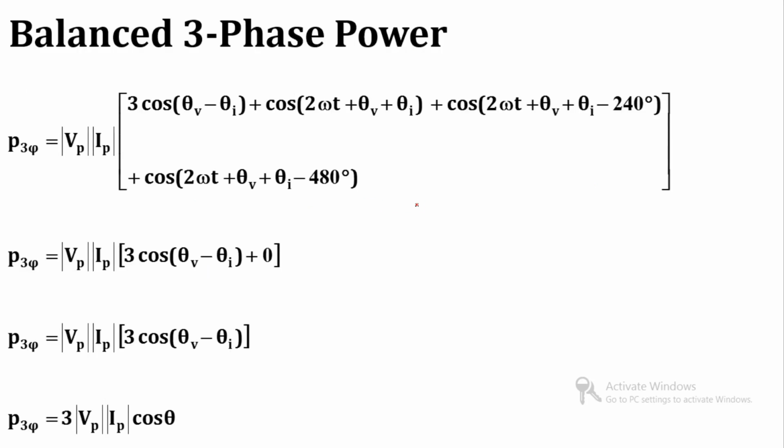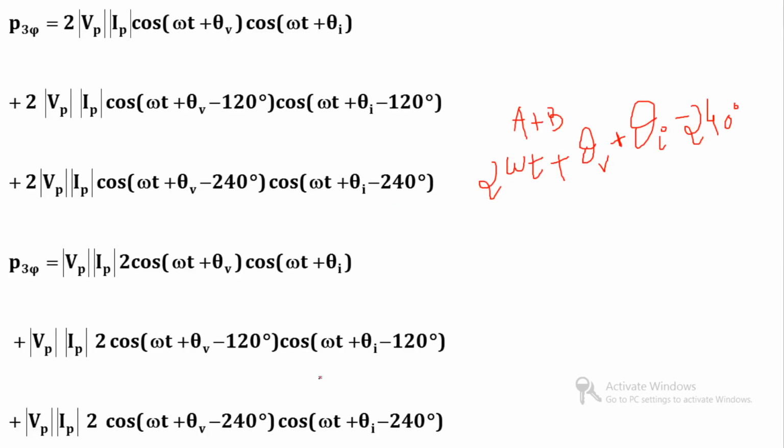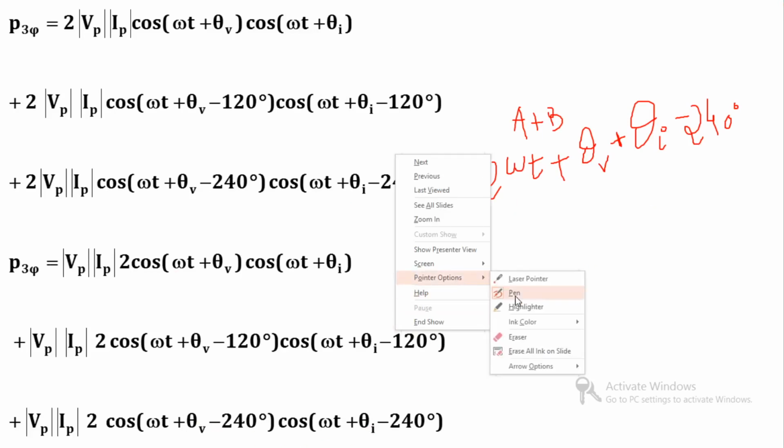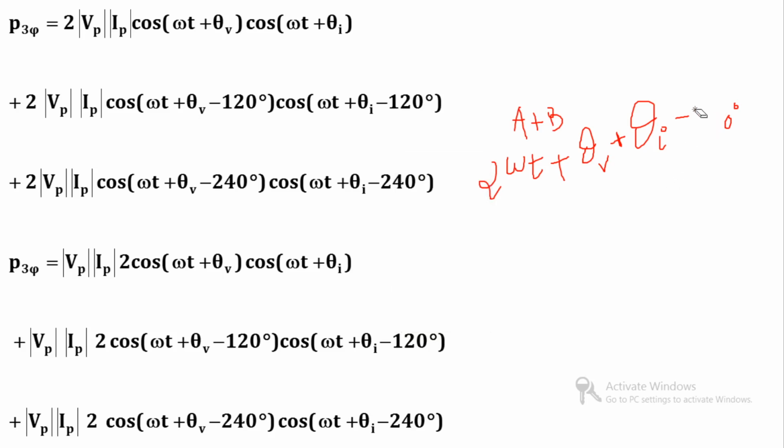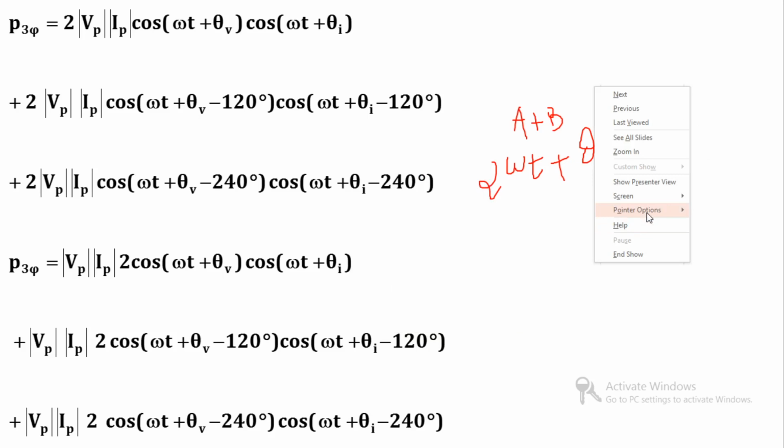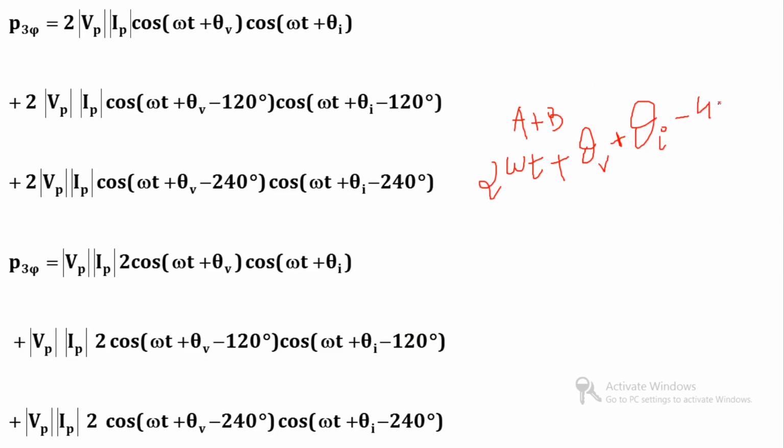Now the third one is omega t plus omega t equal to 2 omega t, theta v plus theta I, and minus 240 plus minus 240 is equal to minus 480.